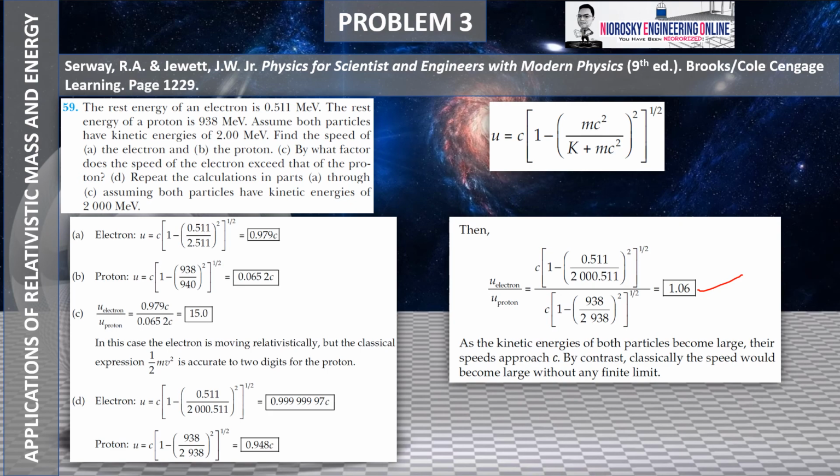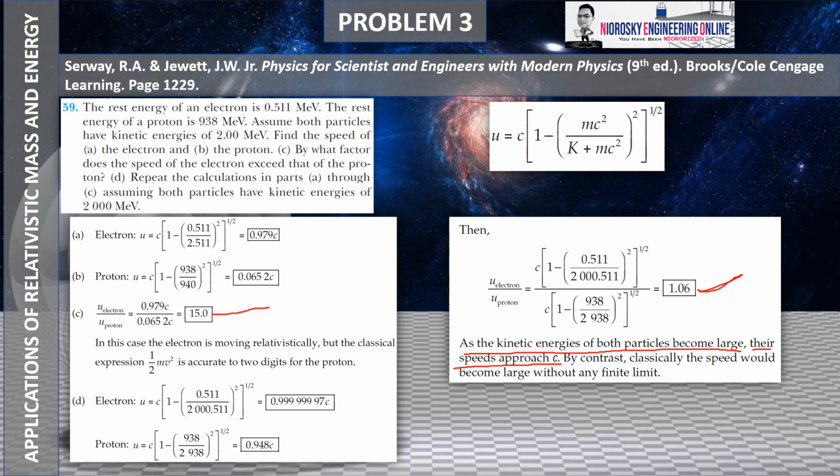So let us compare from a small kinetic energy to a large one. Then it is almost similar: from 15, a large gap, to 1.06, almost the same value. Therefore, we can conclude that as the kinetic energies of both particles become large, their speeds approach c, almost the speed of light.